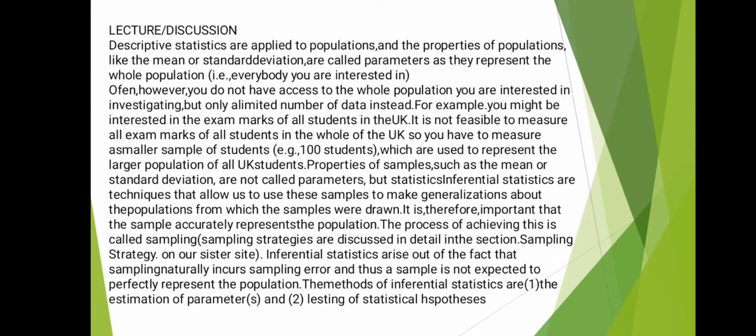Pwede kang kumuha doon ng 100 students. Sa bagay na ito ay pumapasok ang strategy sampling. Ang strategy sampling is ang proseso ng pagkamit na ito ay tinatawag na sampling. Ito yung na-discuss na natin nung midterm, which is the random sampling and non-random sampling.